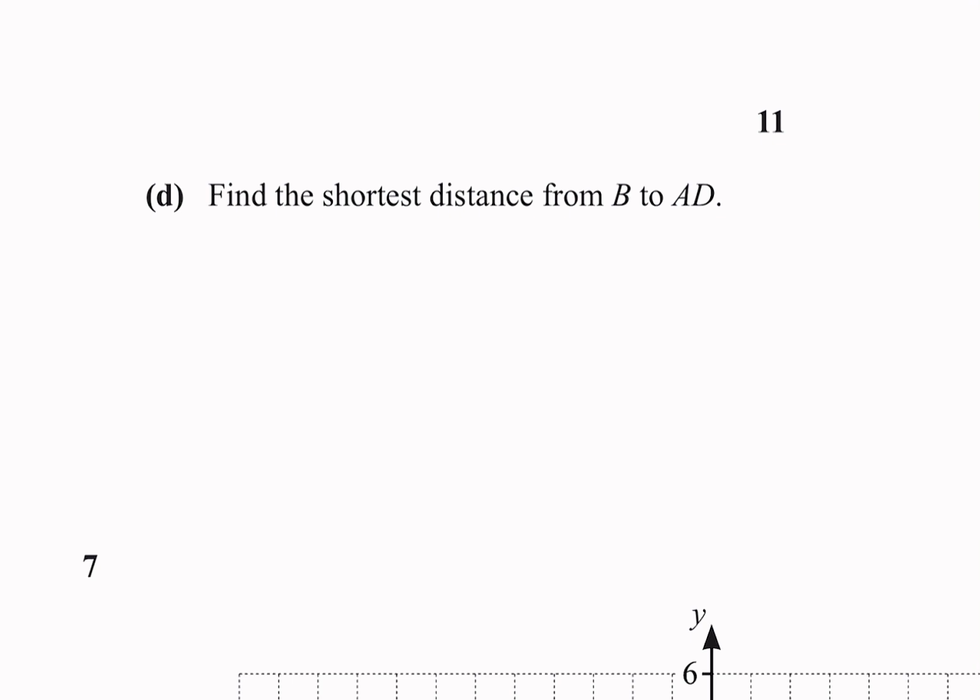The area of triangle ABD is equal to 127.478, and this area of triangle can also be calculated by 1/2 multiply the base, which is 19, and multiply by its height, which is the shortest distance from B to AD.